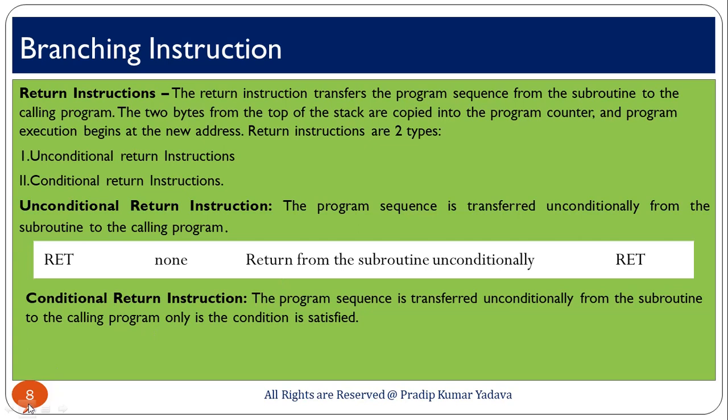Just take an example of a program here. This is the main program, and you have written call 4x here. And this is the subroutine program, starting from 4x, and you have written some lines, and here you have written return, and here you have written something.